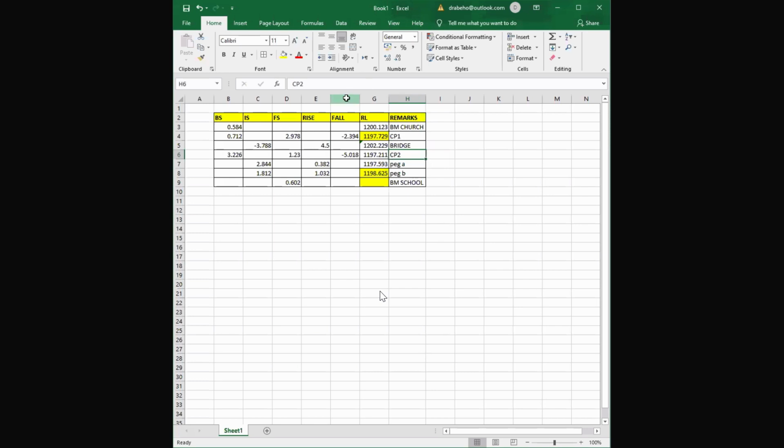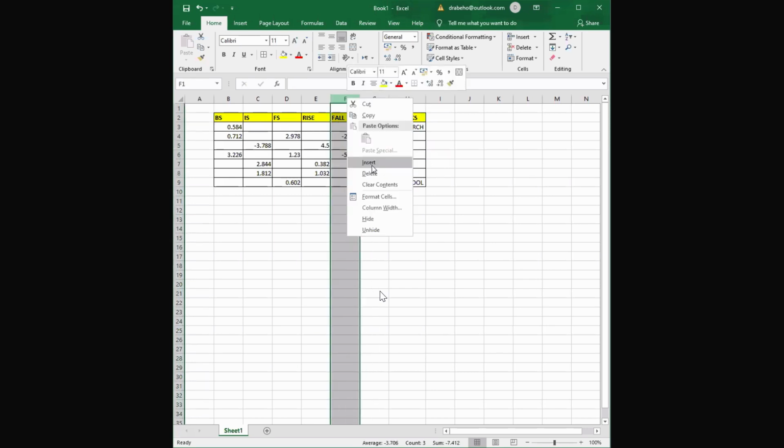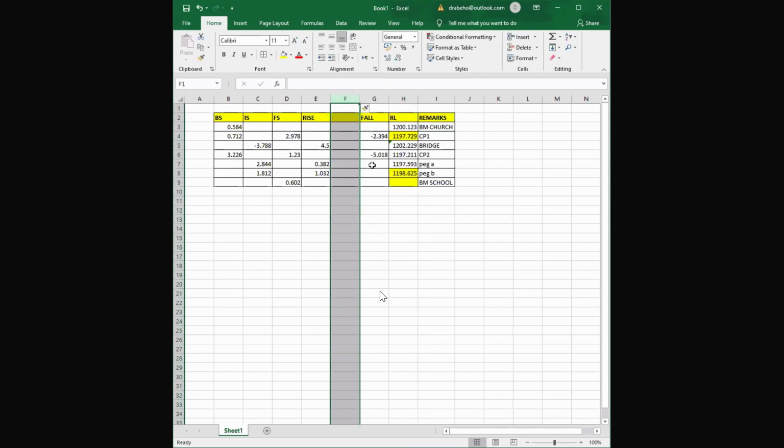You repeat your question again? Using the height of collimation method, I still don't get how you got the reduced level of the change point. Let's do it together again here, using the height of collimation.